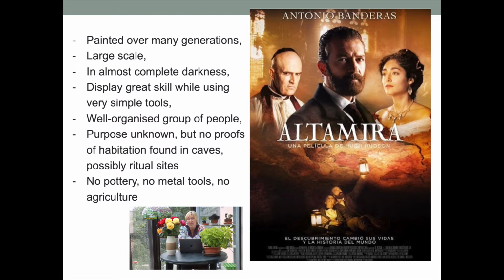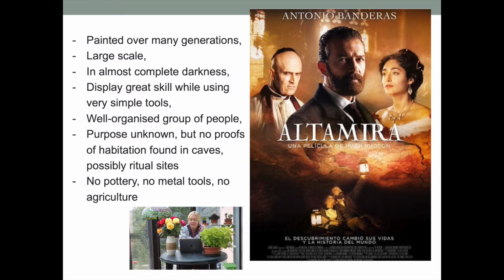So probably, this is what archaeologists believe, these were ritual sites for some sort of ceremonies, for some sort of probably religious gatherings and practices. There is an interesting film. This is a feature film called Altamira with Antonio Banderas.